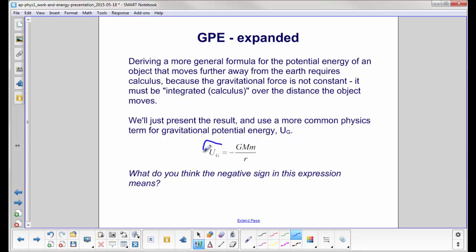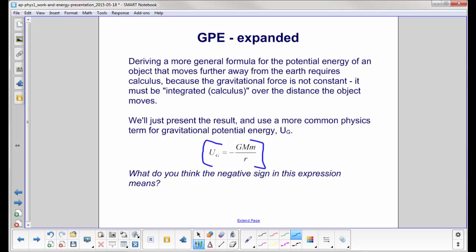And what we will find out is that the potential energy due to gravity is equal to a negative big G, universal gravitational constant, times the mass of the large object, the planet or celestial body, times little m, which is the mass of your object that's moving away, divided by r, where r is the distance between the center of mass of the large object and the center of mass of the small one, which normally is not terribly important. The center of mass of the small object is not that far away from its outside.